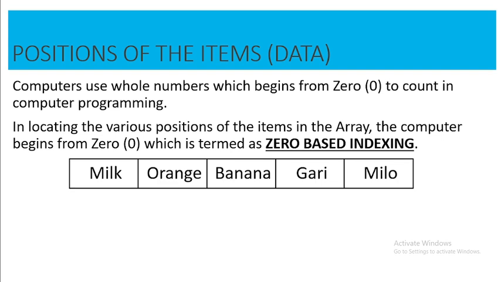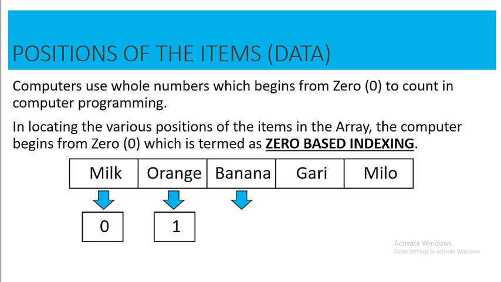Here is an array with milk, orange, banana, gari, and milo. The first element, milk, is at position 0. The second element, orange, is at position 1. The third element, banana, is at position 2.